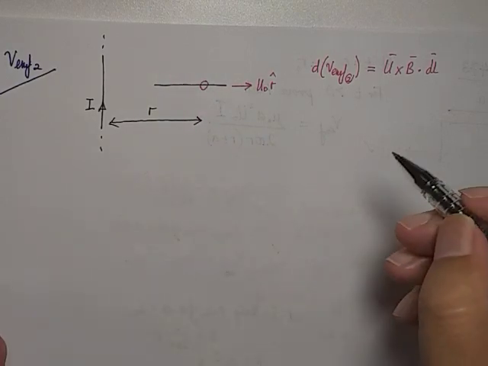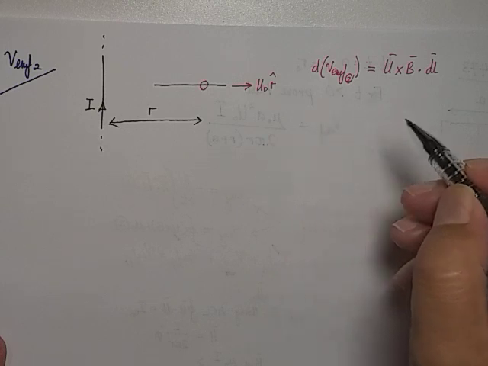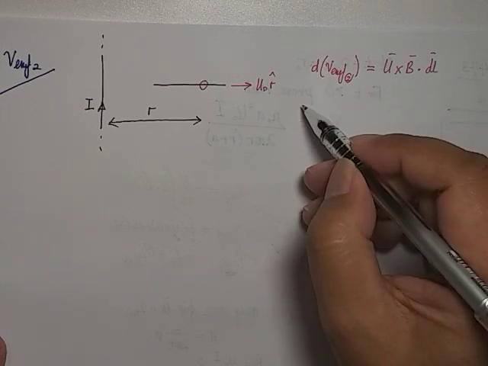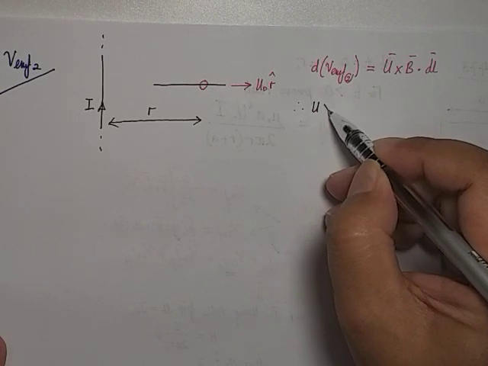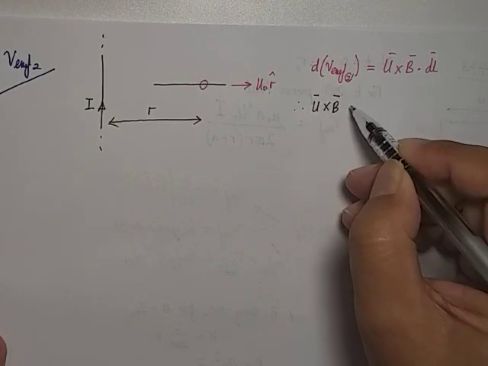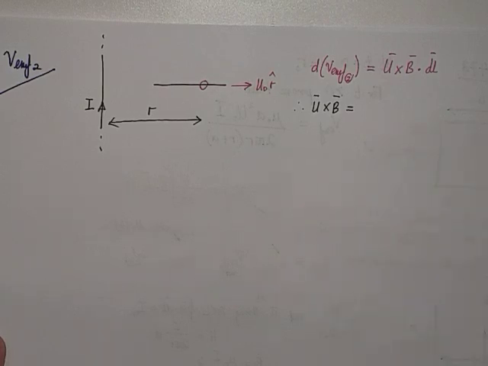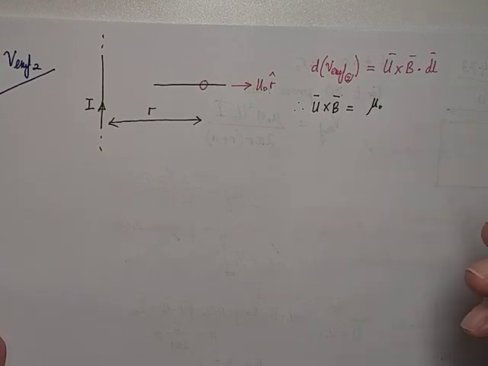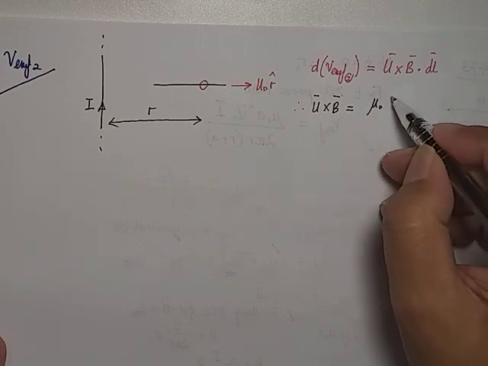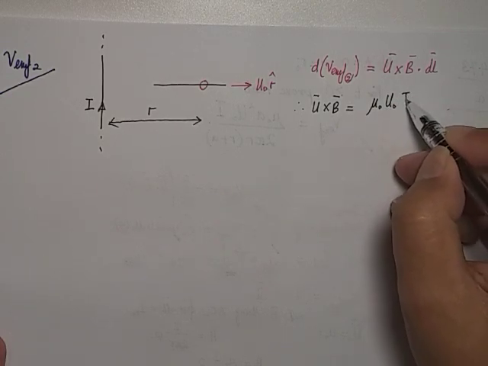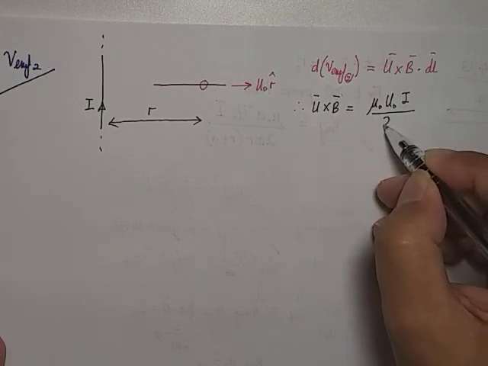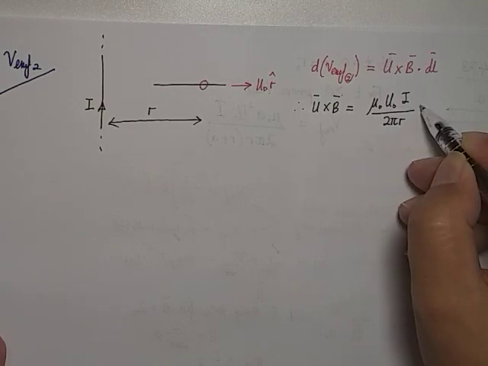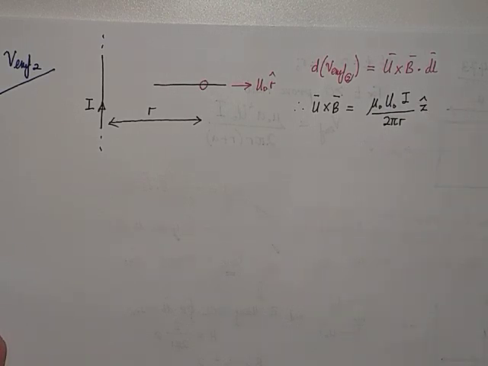So therefore, the B is still as before. Our u cross B will be equal to what we obtained before, mu naught I over 2 pi R in the z direction, correct? That should be exactly as before.